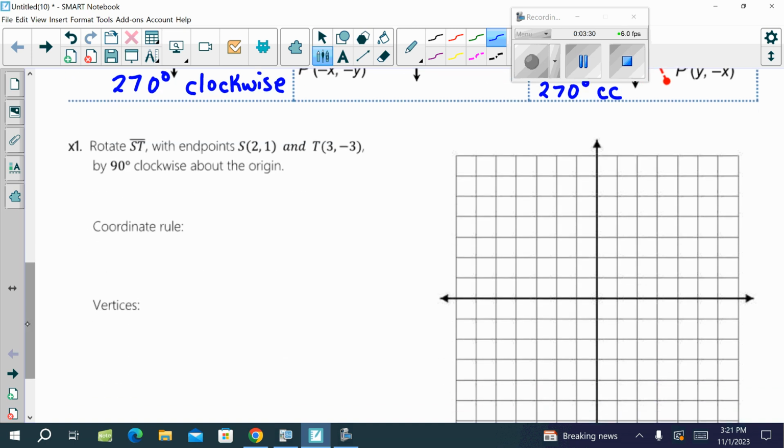Rotate segment ST 90 degrees clockwise about the origin. So let's plot the segment. S is (2, 1) and T is (3, -3).